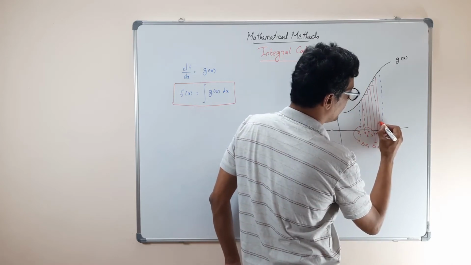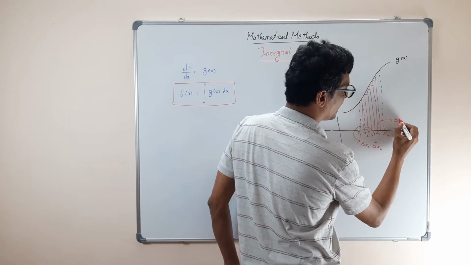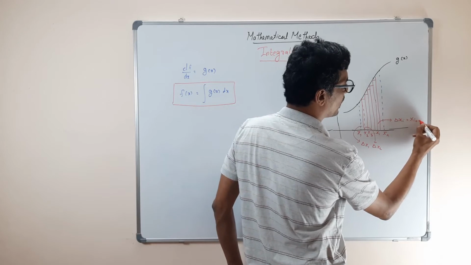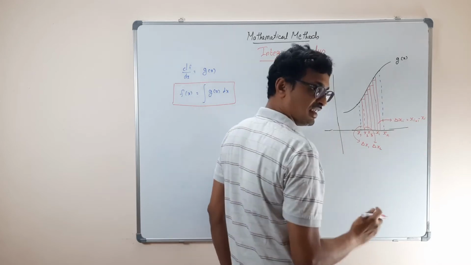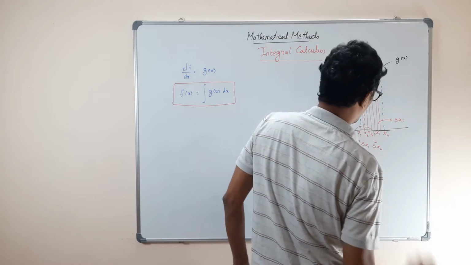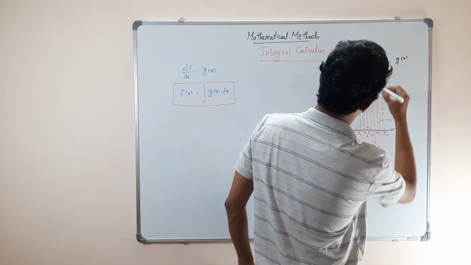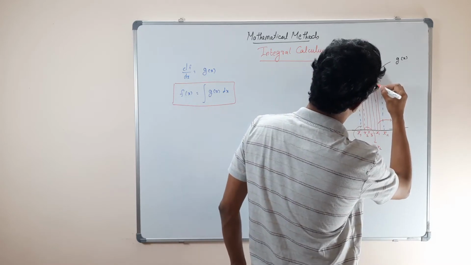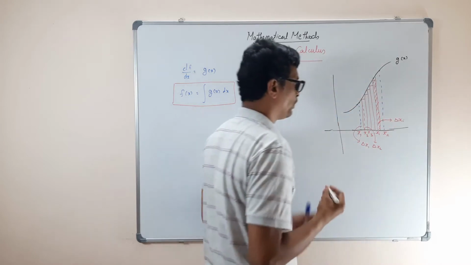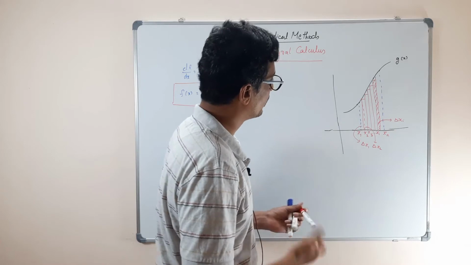The corresponding width will be delta xi, that is equal to xi plus 1 minus xi. Right? So now what is the area of this small segment?